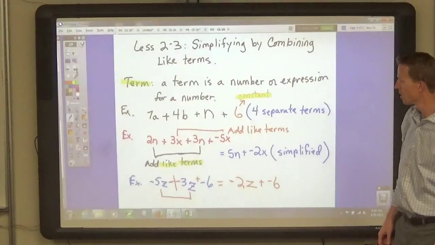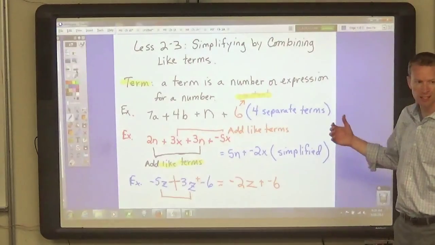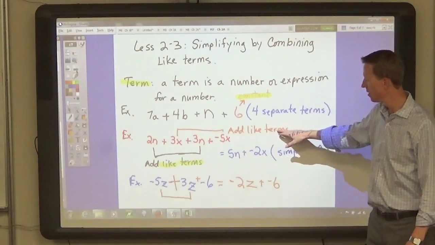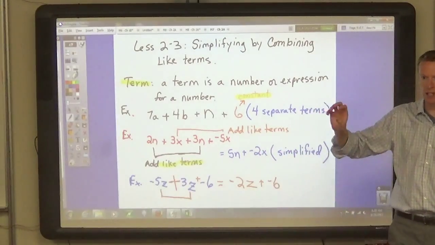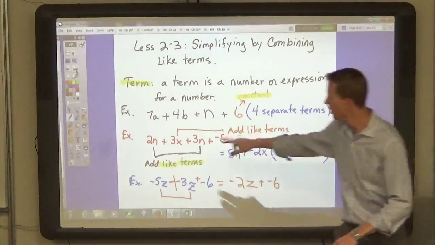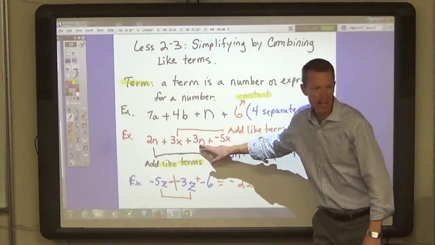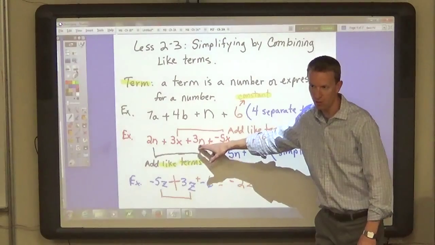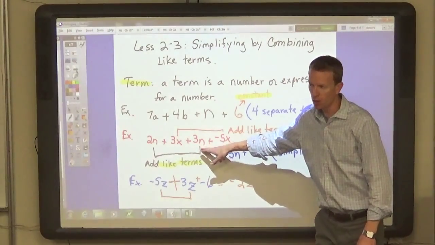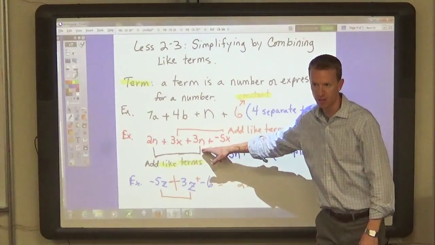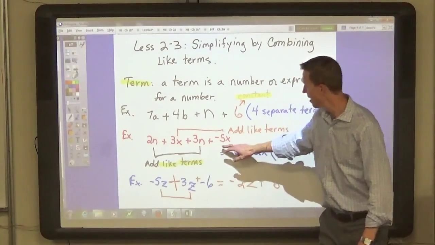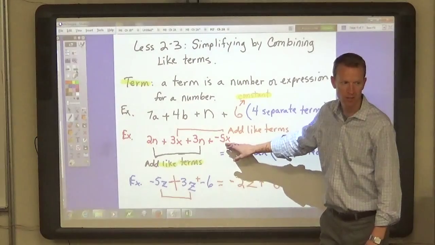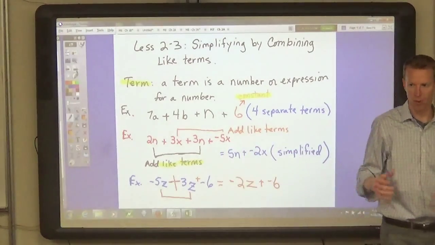Okay? Now, part of this lesson is learning what like terms are. Like terms are terms that look alike. So 2n and 3n are alike because they're both n terms. They're both variable terms with the letter n. 3x and negative 5x are like terms because they're both x terms.